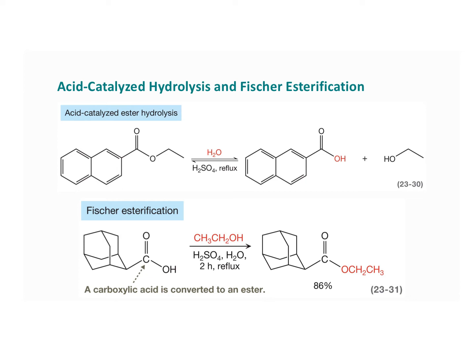So to avoid a lot of complications, chemists generally prefer to carry out the hydrolysis of an ester irreversibly under basic conditions, which we saw a few slides back, equation 23-26, unless the basic conditions lead to an undesirable side reaction.